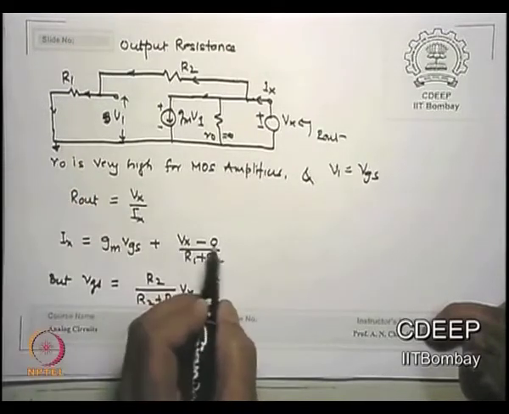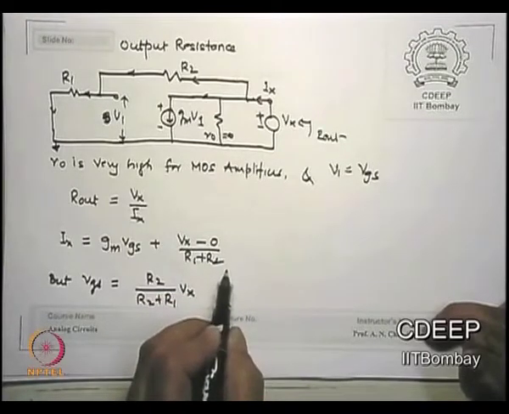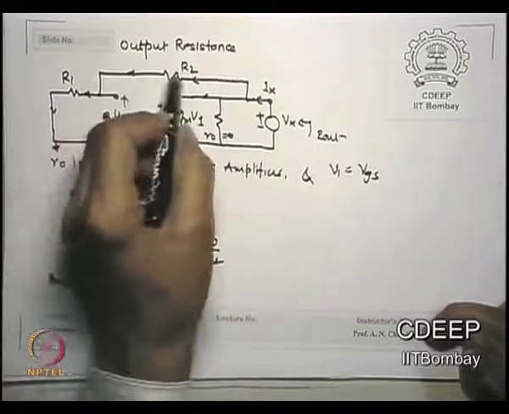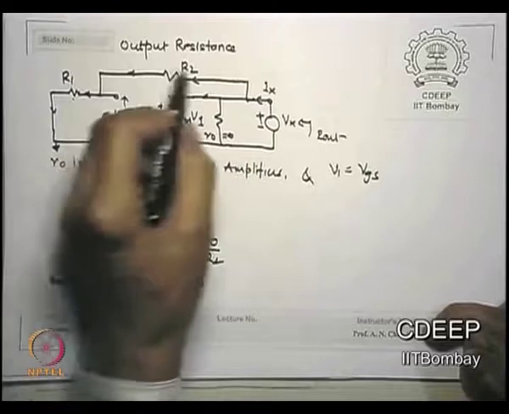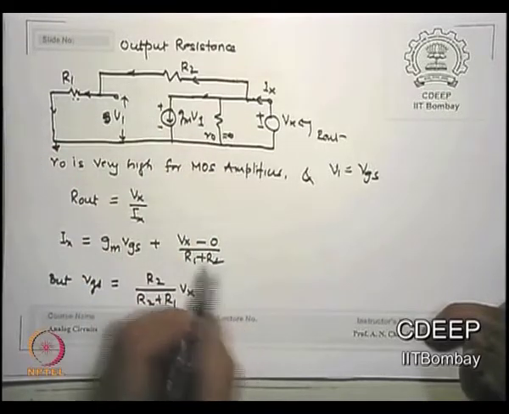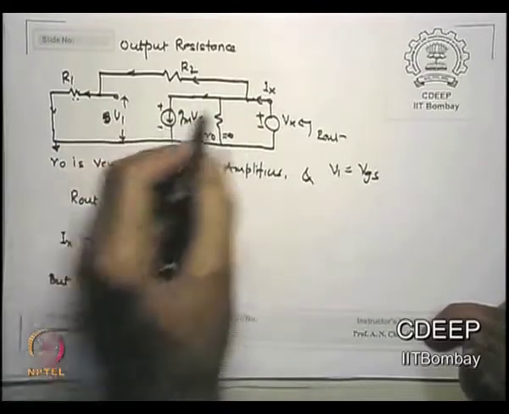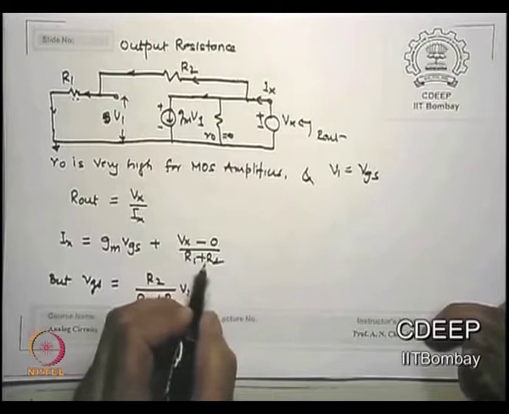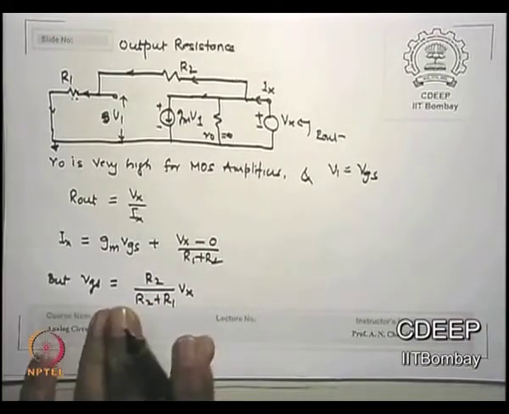So Vx minus 0 divided by R1 plus R2, these two resistances are in series, this voltage minus this voltage divided by the resistance. So Vx minus 0 upon R1 plus R2 is this current. Gm VGS is this current. So Ix is Gm VGS plus Vx minus 0 upon R1 plus R2. Is that okay? Current divide.